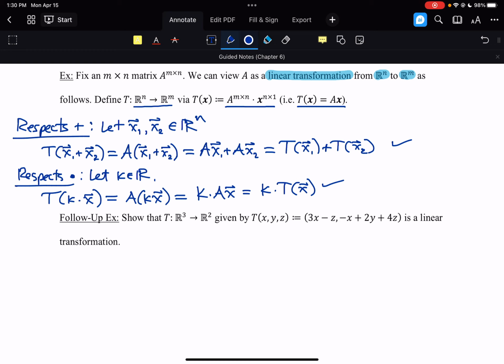So for example, show that the transformation from R3 to R2 given by this relationship is a linear transformation. So we have 3x minus z, negative x plus 2y plus 4z. So we have a three-dimensional vector turned into, so there's 1 and there's 2, a two-dimensional vector.